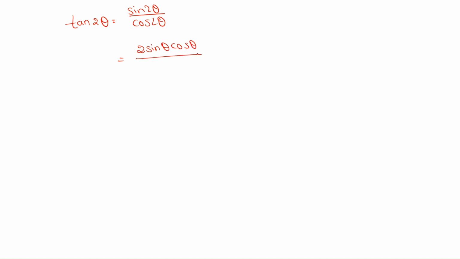Cos 2 theta is 1 minus 2 sin square theta. Now we'll divide both numerator and denominator by cos square theta.